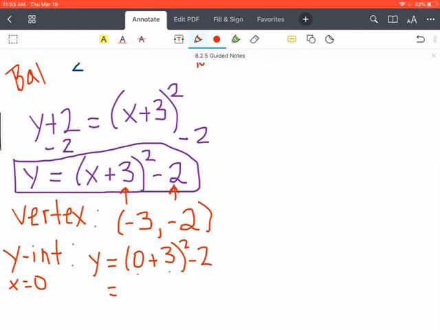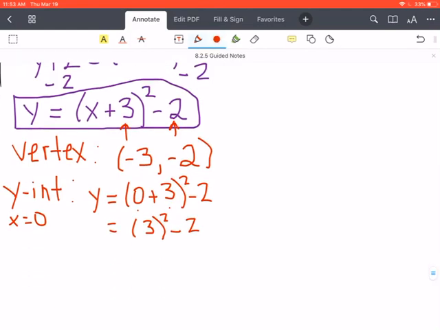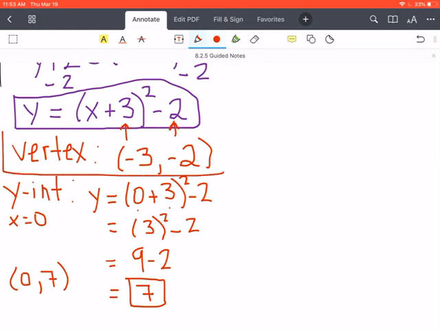So 0 plus 3 is 3. We are going to square that and then subtract 2. So we have 9 minus 2, which is 7. So the y-intercept would be at 0, 7. So I think we've answered everything that they wanted us to answer on this problem.